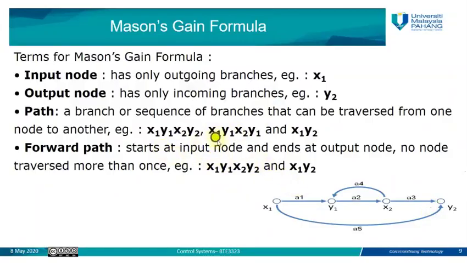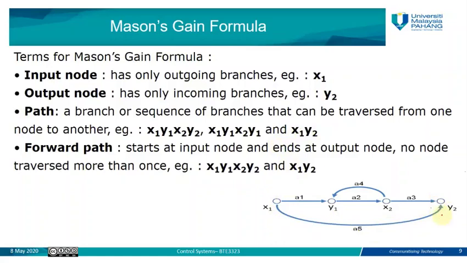Then we also have another path, which is X1, Y1, X2, Y1, because we go here and go again into Y1. Then we have another path, X1 to Y2, where we go from the node X1 directly to the node Y2. So this is the path.